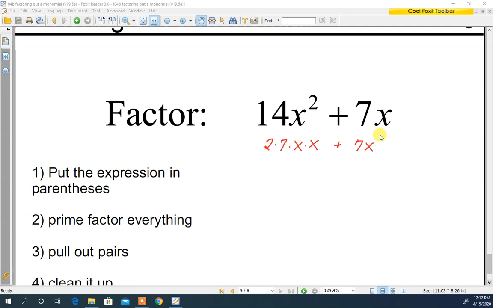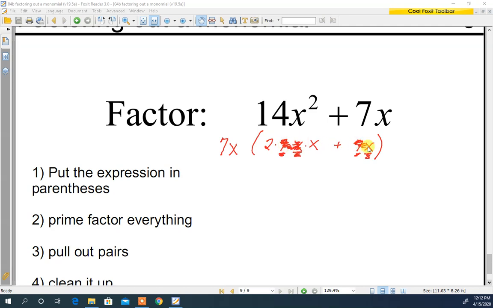Okay, I know I have this example. So see that? I have a pair of 7s right here. They can come out front. And I have a pair of x's right there. They can come out front. So all that stuff's gone.